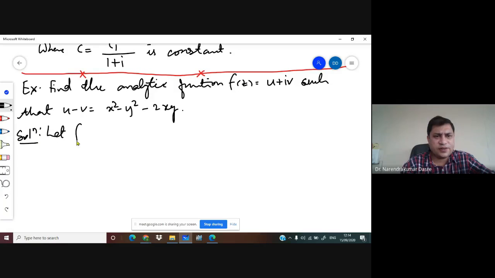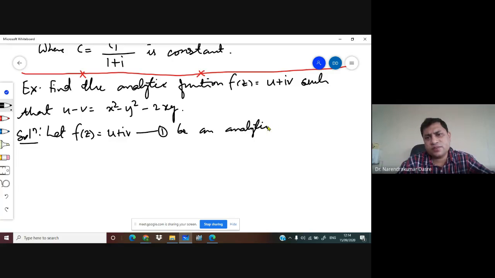What we have is that f of z is equal to u plus iv, that is equation 1, and f is an analytic function. So what is the next step?